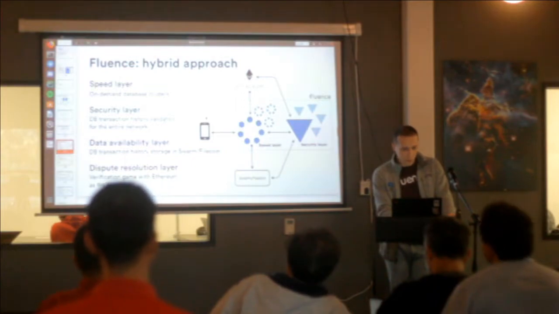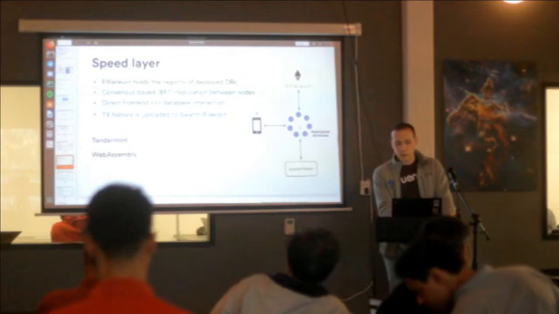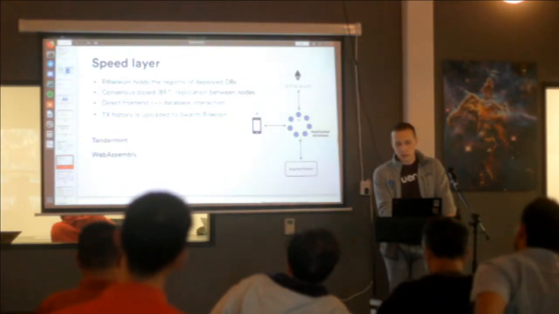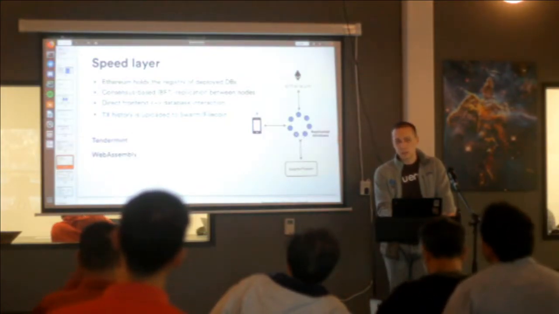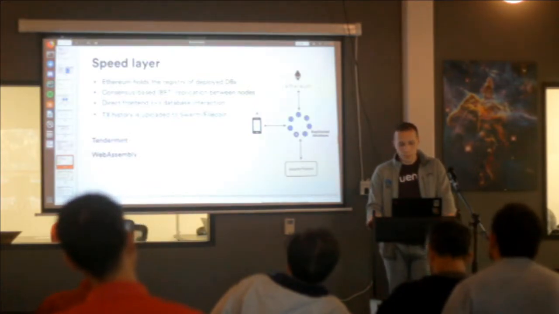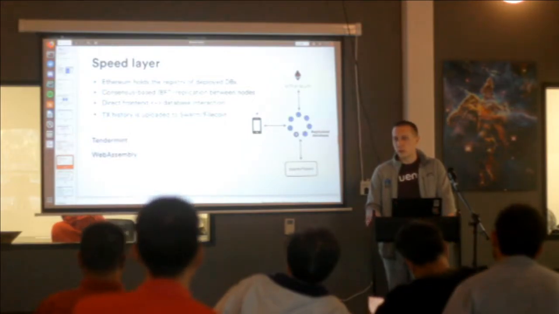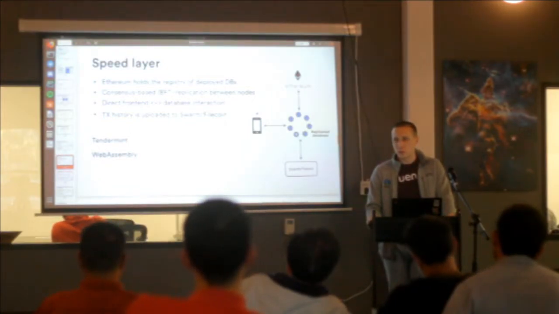The way it works looks roughly like the following. The speed layer is really small, and usually a single database has, in our example here, roughly 4 nodes. All of the nodes in the speed layer are connected with BFT consensus, and we use Tendermint, just because it works.